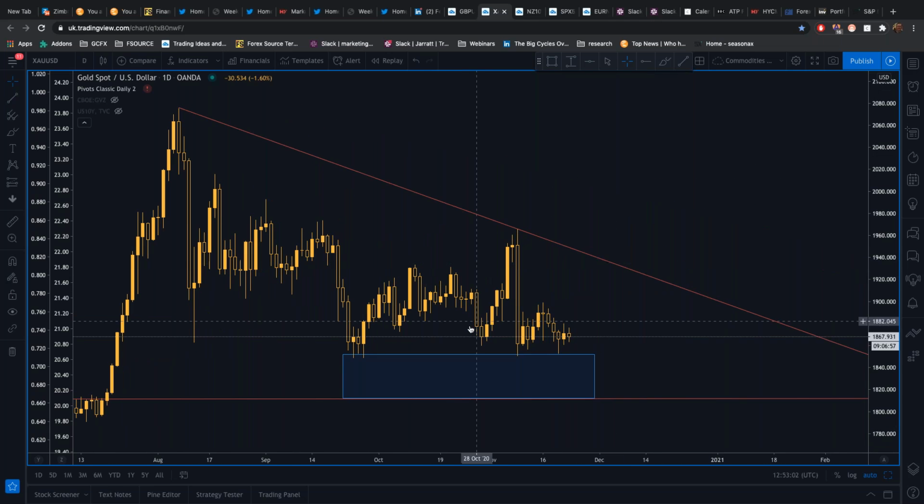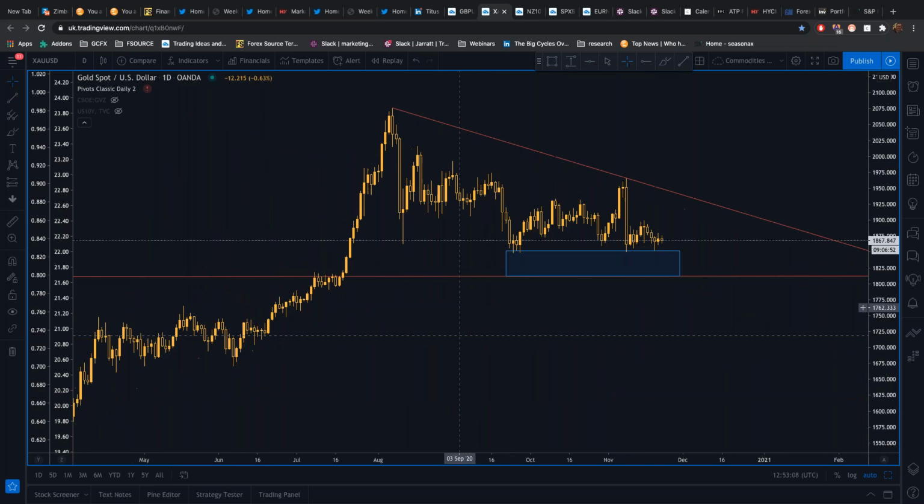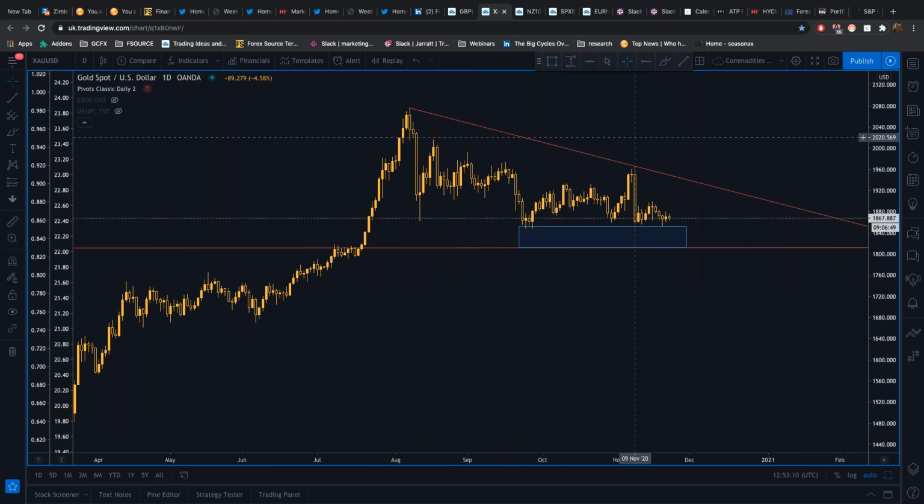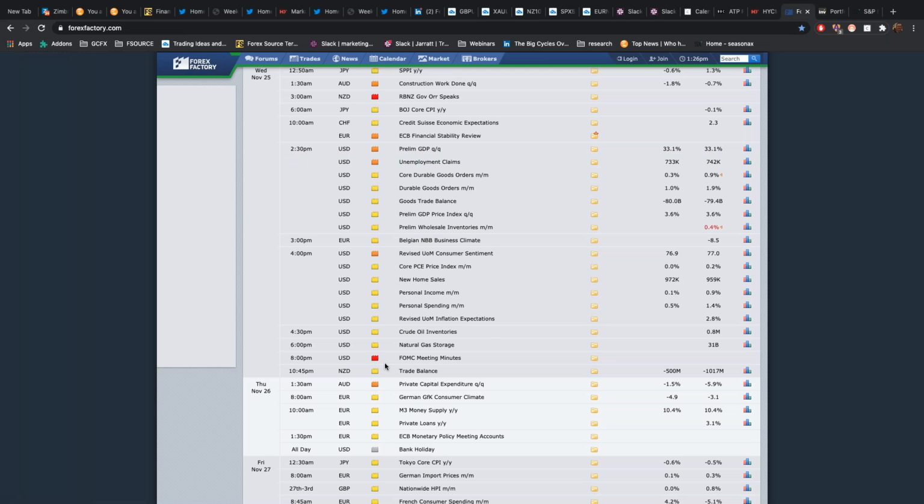At the moment, gold is just finding a little bit of support here, but I have a neutral bias on gold, just waiting for some near-term direction. In the minutes, you're looking for whether there's more chance of stimulus from the Fed, and then expect that to support gold. The more stimulus we get from the US administration and the Fed, low interest rates, high QE, high stimulus, that's all supportive for gold.